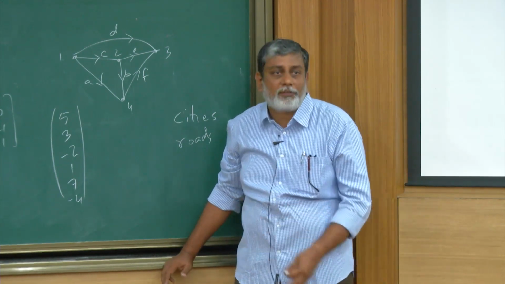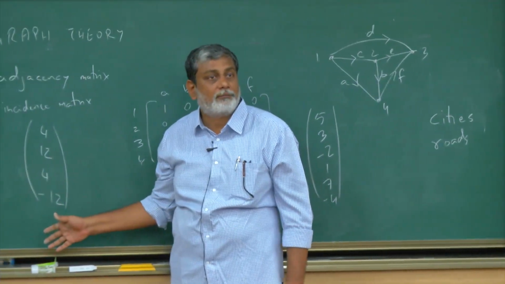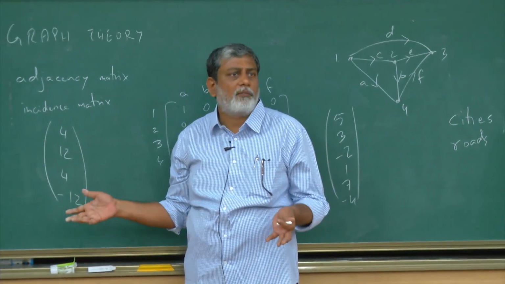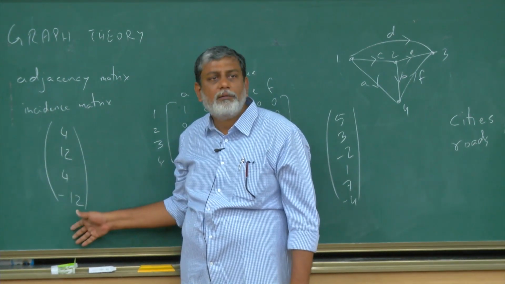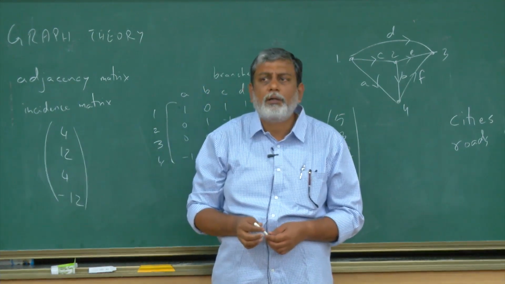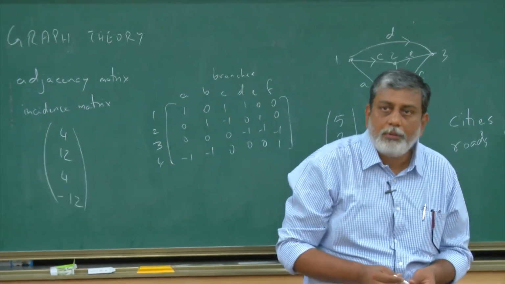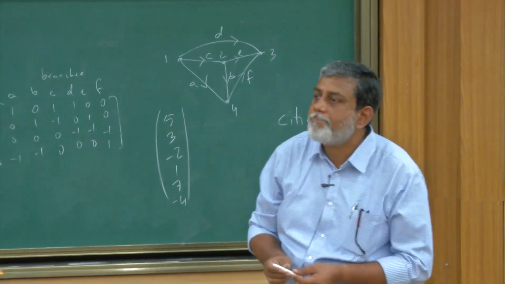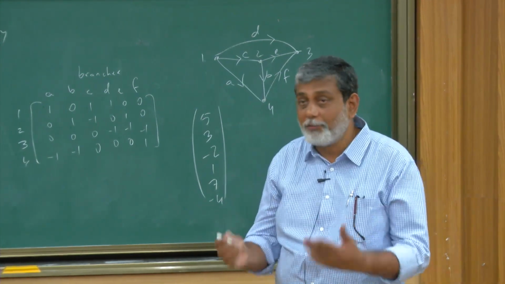But there could be situations where you can't have something like this. Can you think of any situation where you can't have a vector like this appear? That means accumulation cannot appear? Yeah, so anything which has some sort of conservation.